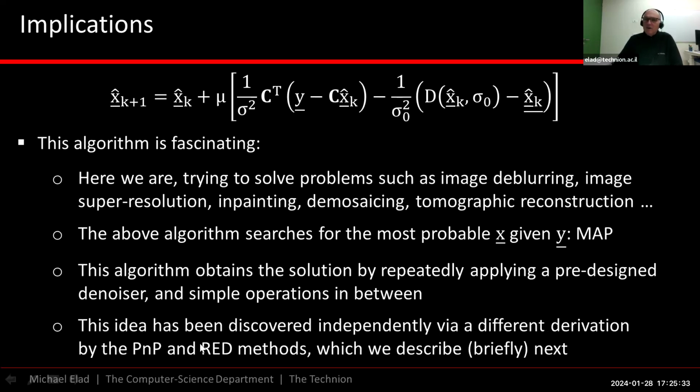And this idea, surprisingly, has been discovered earlier, before we knew about score functions in our field, in image processing, and this is where I'm going now with plug and play and RED. Let me show you these two ideas because they are aligned eventually with this equation, but from a different direction.